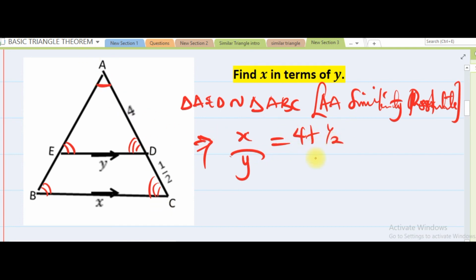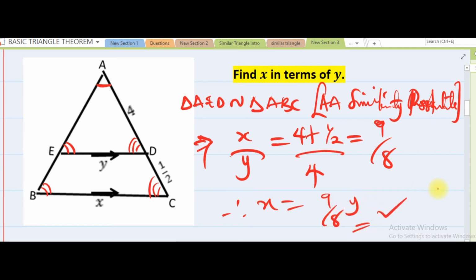Yes, the bigger one must correspond to 4. Yes, so which is 4 and a half, means 9 over 2, so 9 over 8. Therefore, x must be 9 over 8 y. So the answer is 9. X is 9 over 8 y.